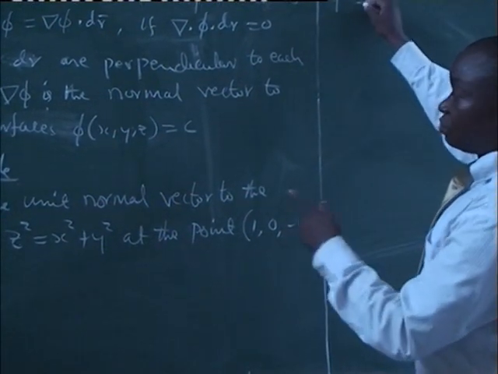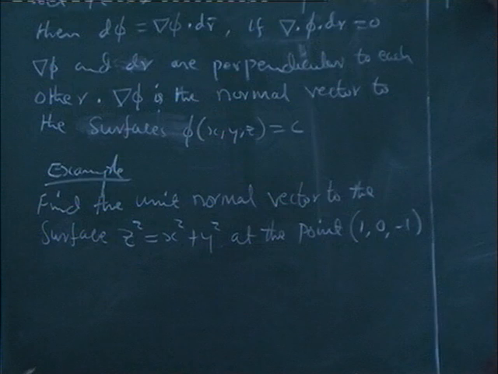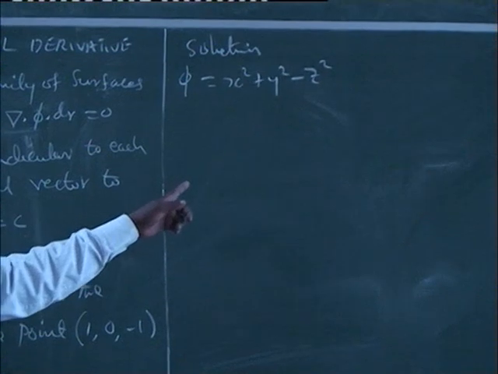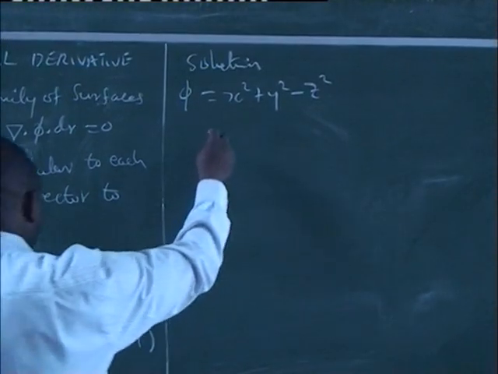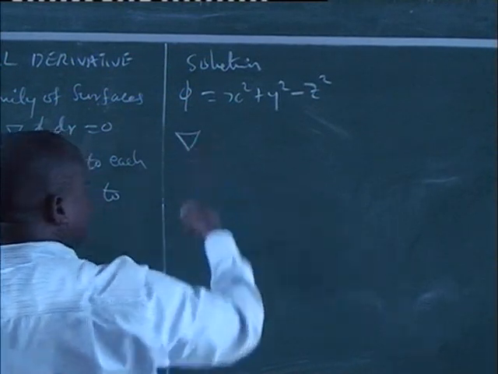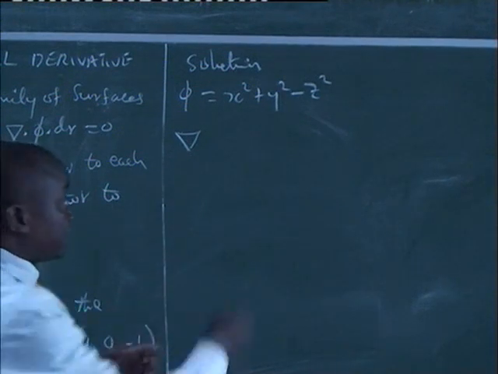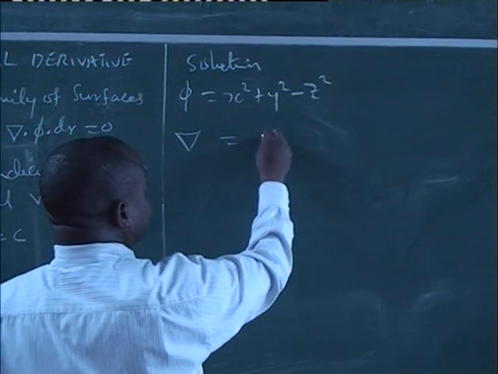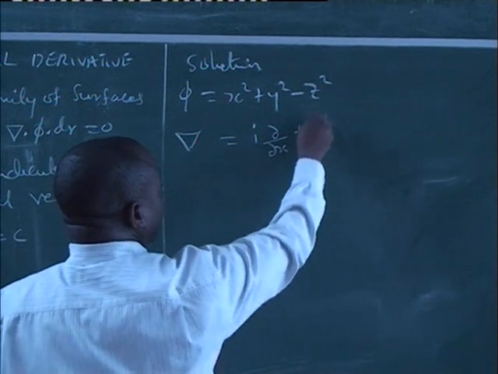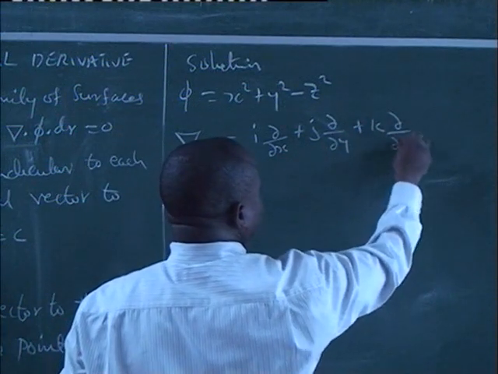Let phi be defined as what they are giving, so phi will be equal to x squared plus y squared minus z squared. I need the differential operator, which we define as del equals i partial x plus j partial y plus k partial z.